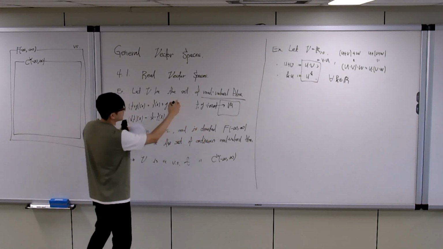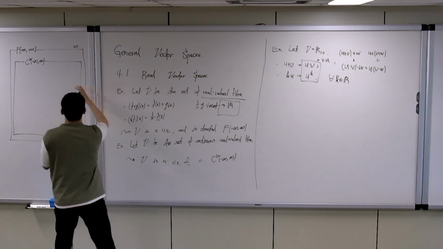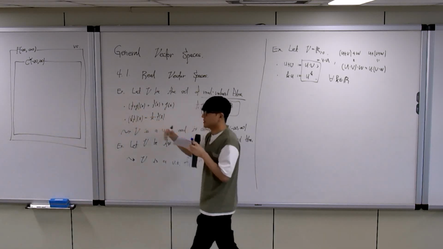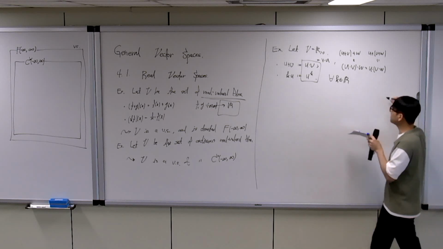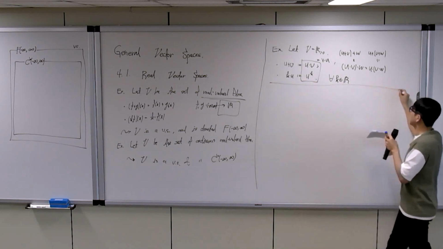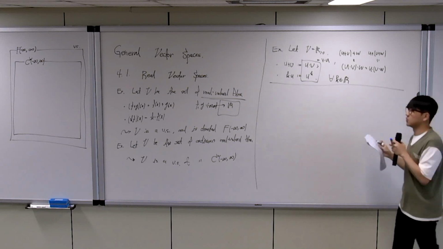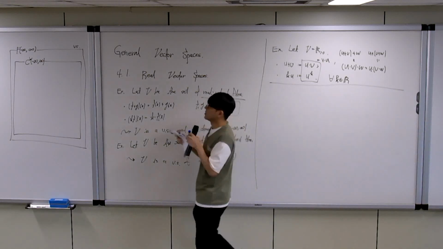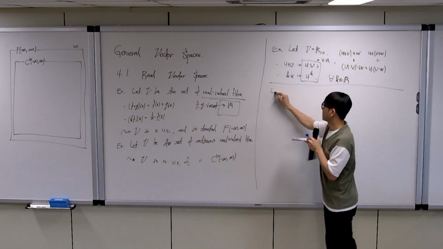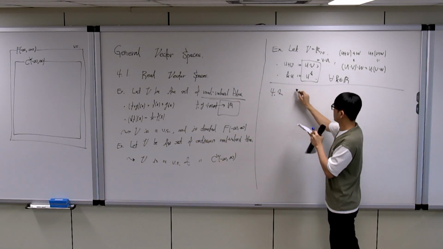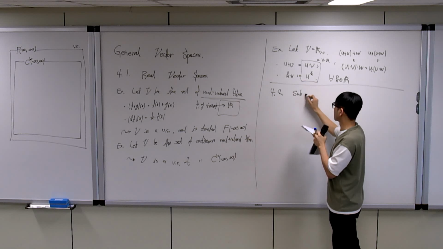So I gave an example of continuous real valued functions being in the vector space F. It is just real valued functions, and it has this subset property. And I want to say this will be called a subspace, as a vector space.